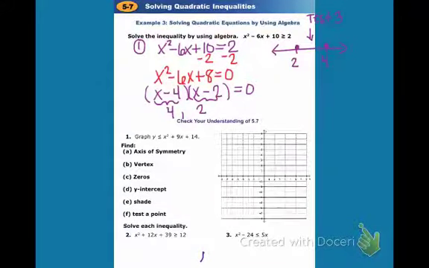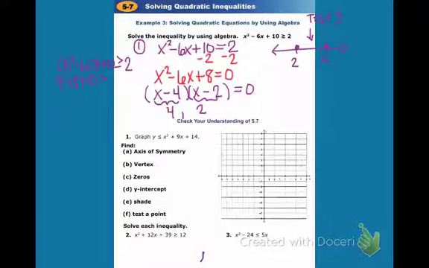So let's see. If I plug 3 in, I'm going to go over here to the left-hand margin and plug 3 in. 3 squared minus 6 times 3 plus 10. And I want to know if this is a true statement that it's greater than or equal to 20. Well, that's 9 minus 18 plus 10.